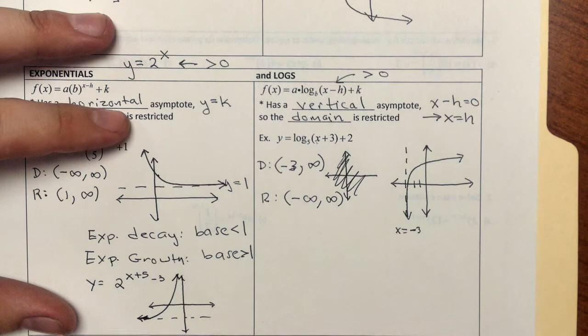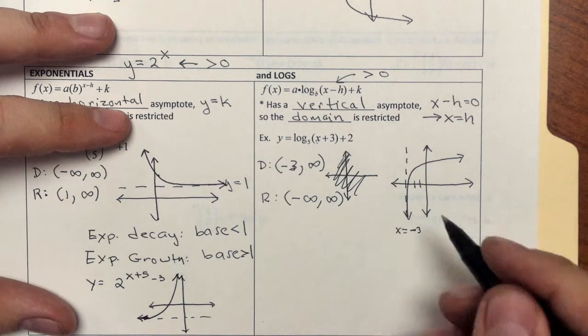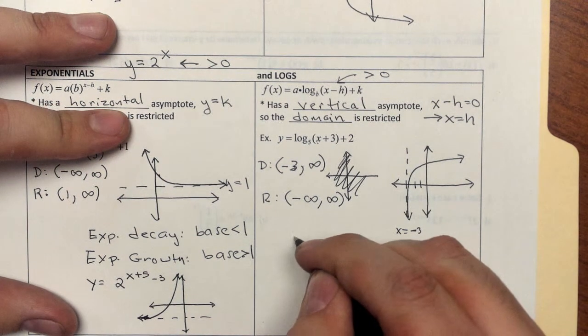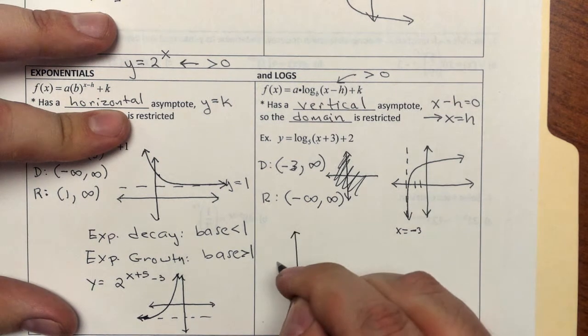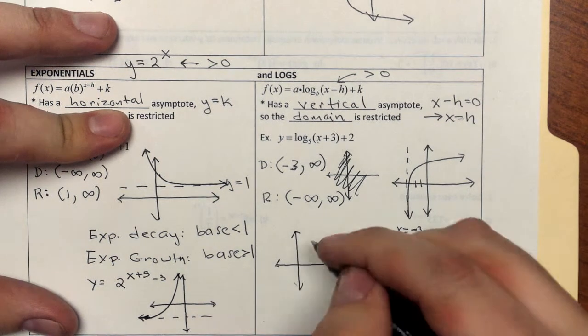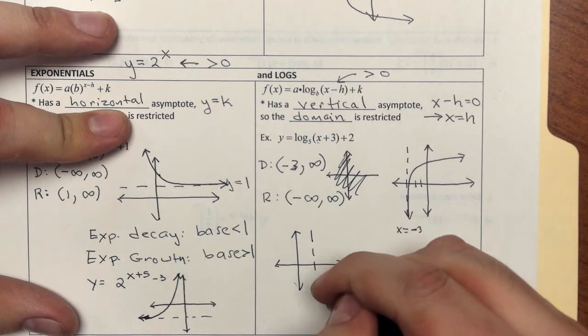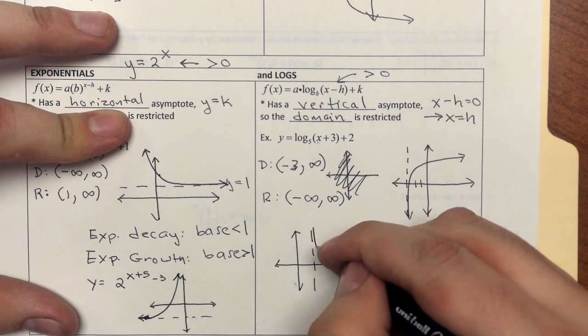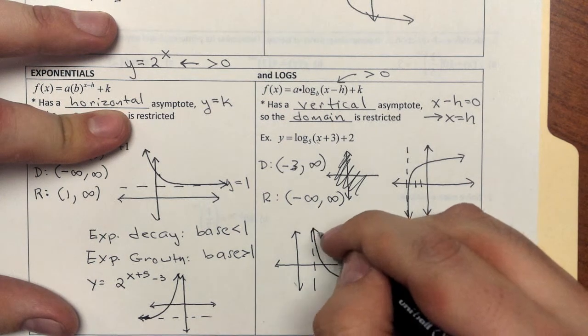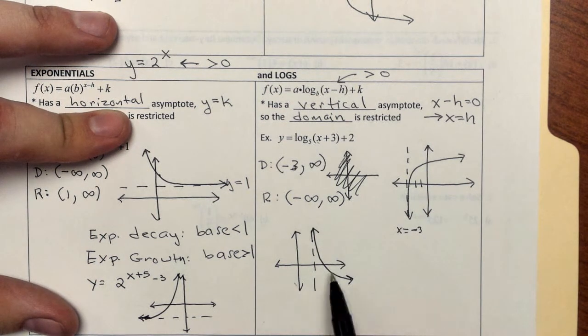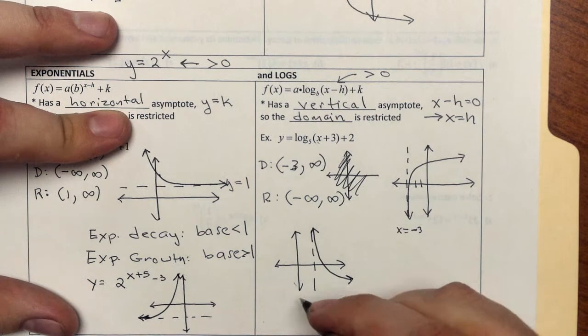Now, mind you, again, in terms of this logarithm, I could make a graph that looks like this if I wanted to. So here's an asymptote. How would I get a graph that looks like this is the question. Well, clearly, my asymptote is something like x equals 2 or 3 or 4, something positive.